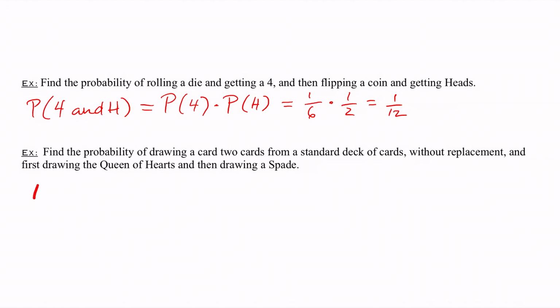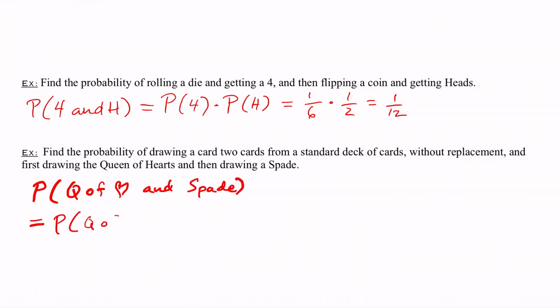So using the multiplication rule here, the probability of getting the Queen of Hearts and a spade will be equal to the probability of getting the Queen of Hearts first times the probability of getting a spade, given that I got the Queen of Hearts in the first pick.